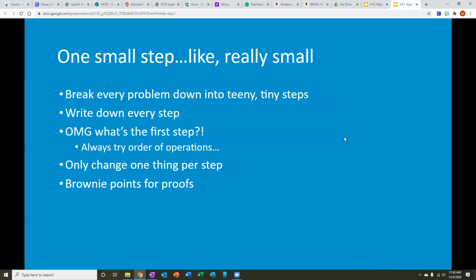And sorry, this is so important. I won't say it drives me crazy, but it's so hard to follow someone's work. It's hard for students to follow their own work if you do like 4 or 5 things at a time. So every time you do something, that should have its own line.